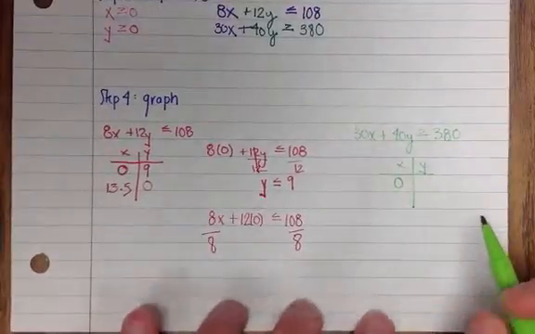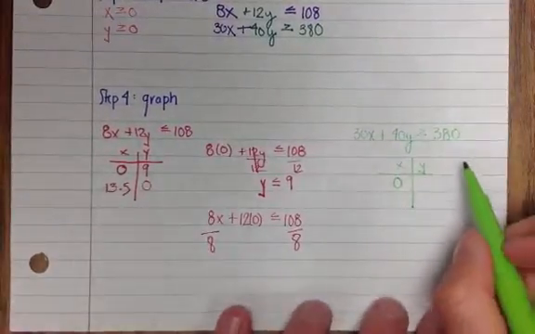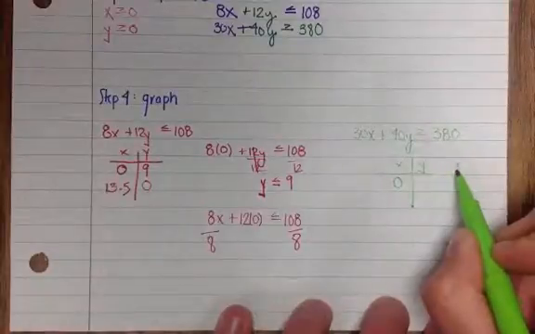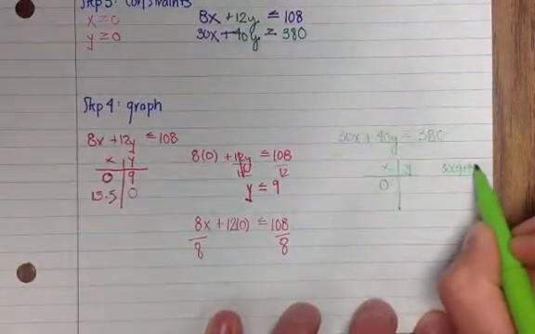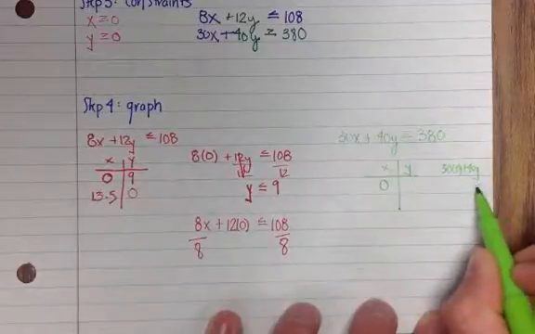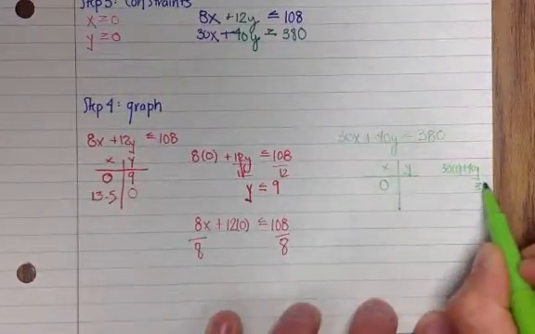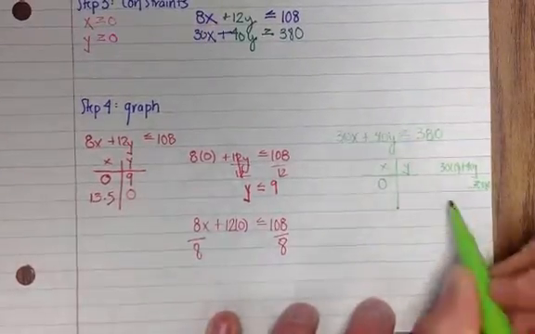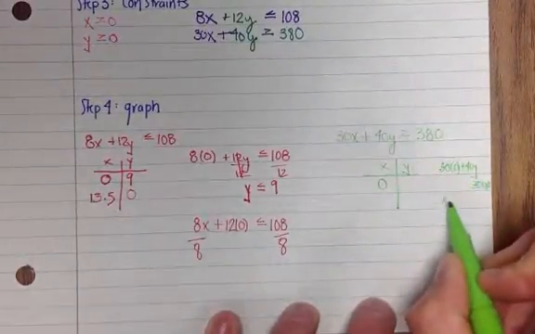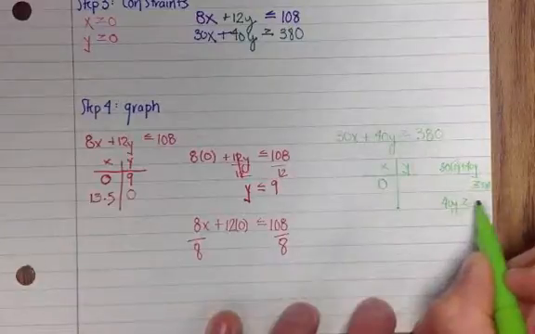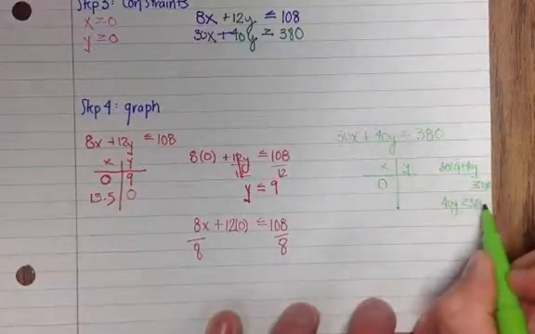So I'm going to sub in. I'm going to be looking at 30 times 0 plus 40y, sorry, I ran out of room, is greater than or equal to 380. Anything times 0 is 0. So I'm going to be looking at 40y is greater than or equal to 380.